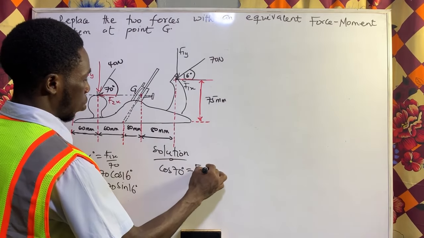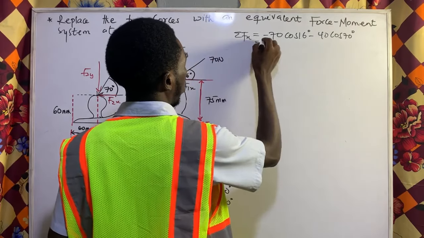So you're going to have the sum of forces in the x-axis direction. Okay, let's look at that. We're going to have minus 70 cosine of 60 degrees minus 40 cosine of 70 degrees. Okay, so let's see what you're going to get.